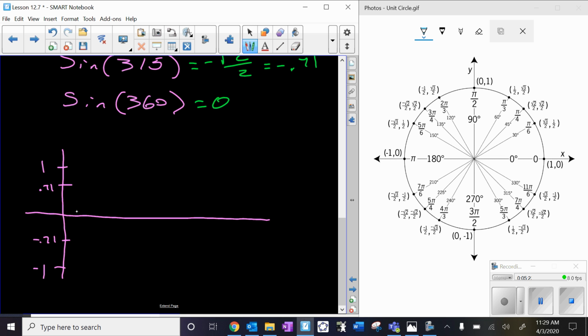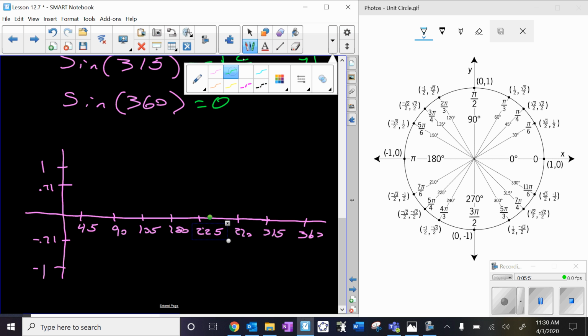The spots that we paid attention to were 45, 90, 135, 180, 225, 270, 315, and then all the way back to 360.